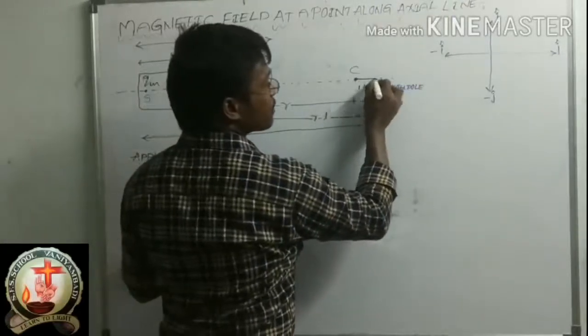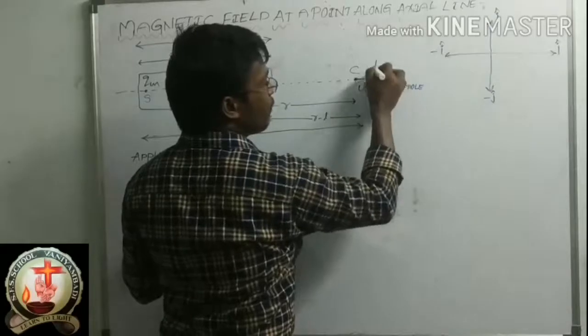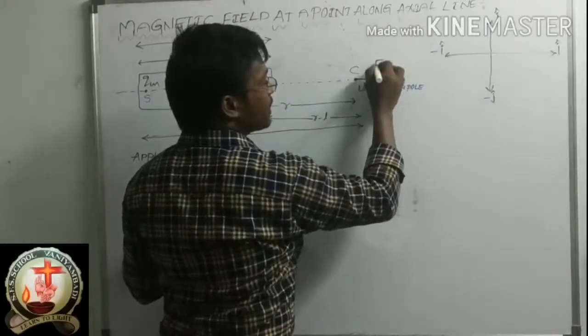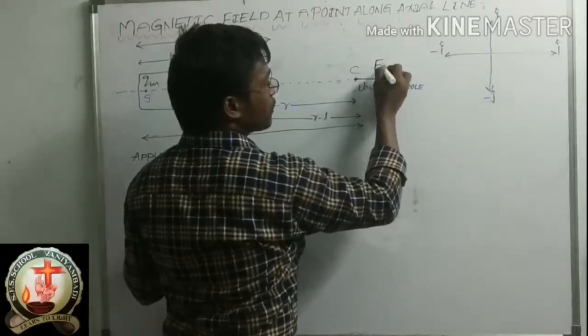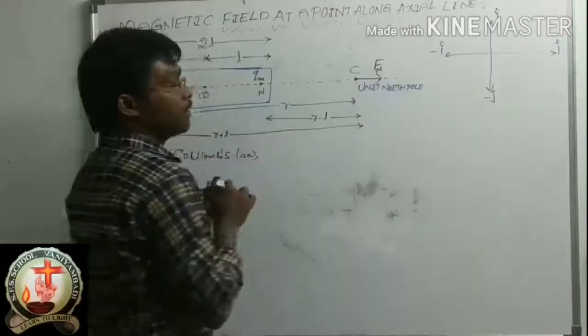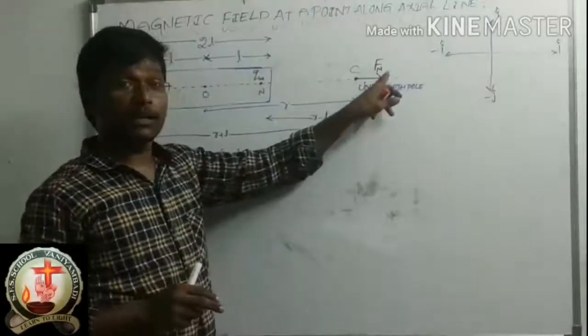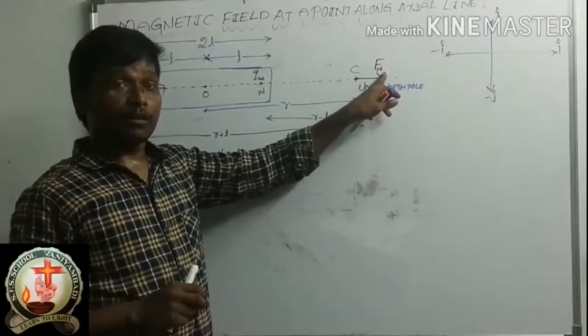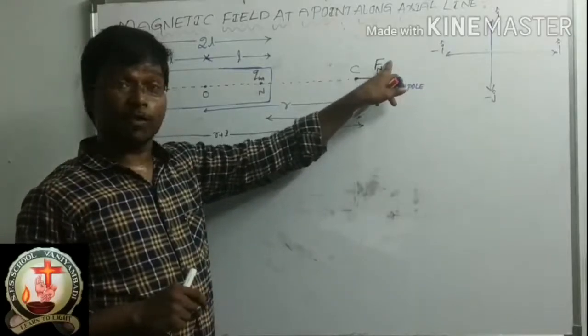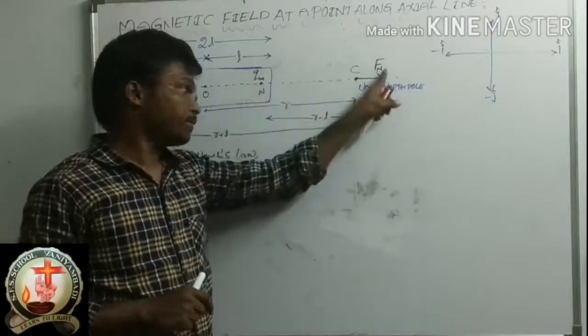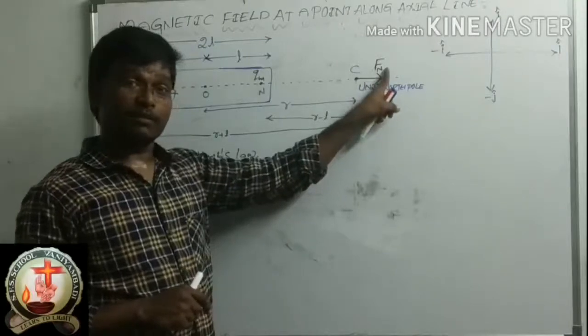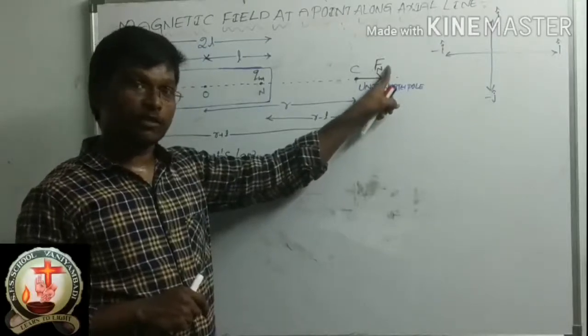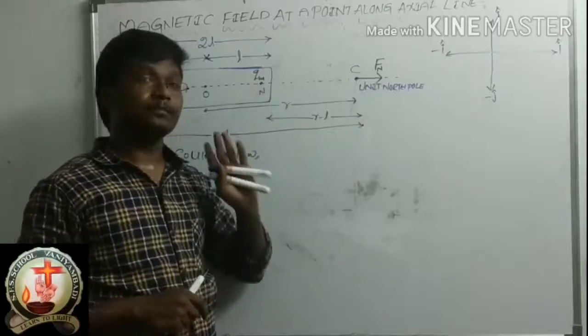Repulsive force. What is that? Fn. Here Fn means the repulsion force with respect to the north pole.